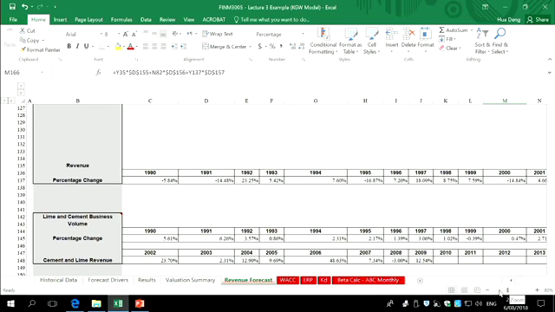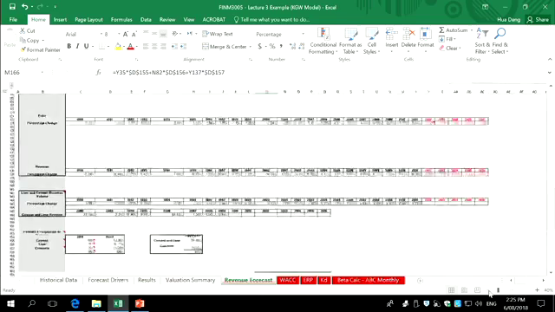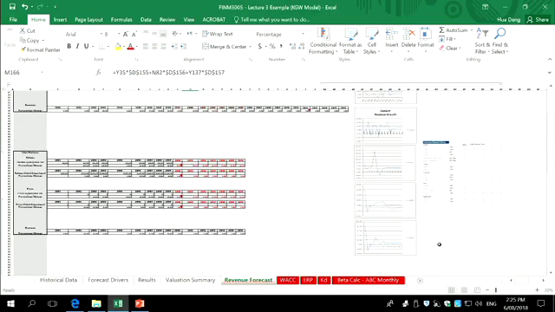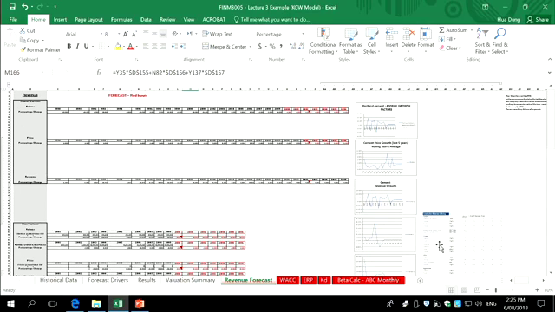Alternatively, if you look at this forecast revenue spreadsheet, this is a very simple forecast model. I use this as an example for its simplicity of structure. It's not a very good assignment. It might just get a pass grade overall.